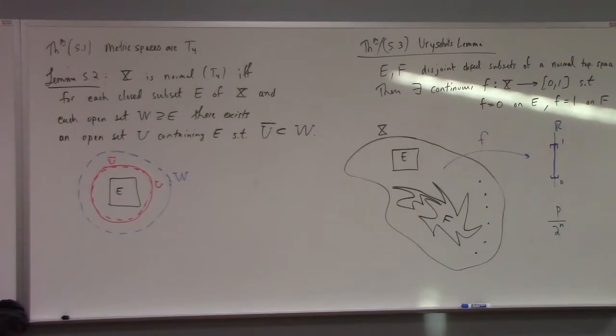So both of these theorems are used in applications to make very surprising constructions. Like the partition of unity, I think, is an example, which is indicated on top of page 76. Actually, that's part of the proof of Urysohn's lemma.